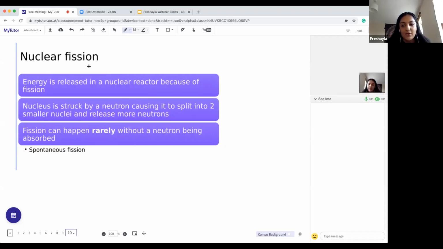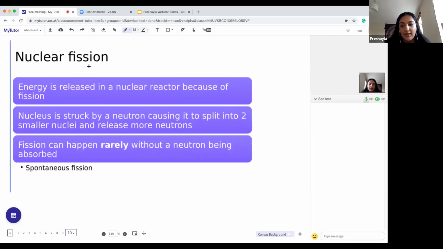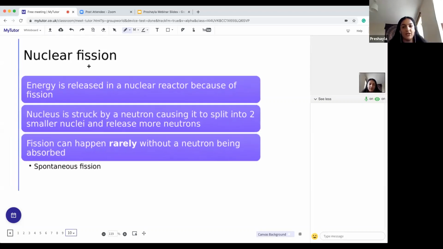Okay, so moving on to the next part of the content, nuclear fission. Nuclear fission is this idea that we split a nucleus into two smaller nuclei. So we have a nucleus and it goes into two smaller nuclei. This is called fission, the breaking down of a nucleus.